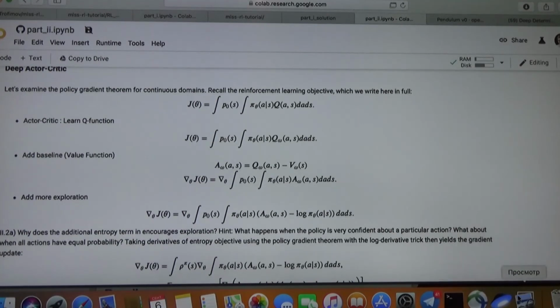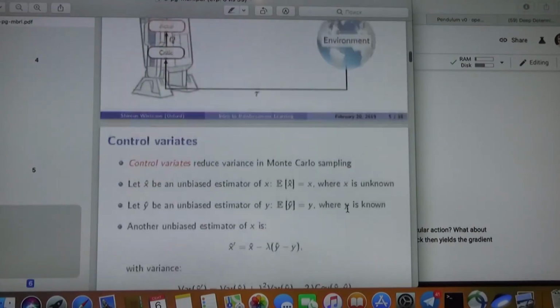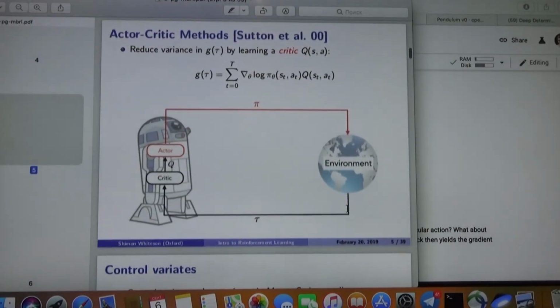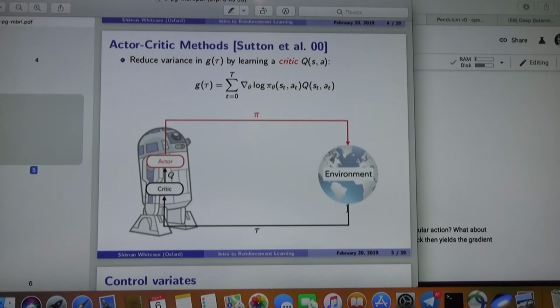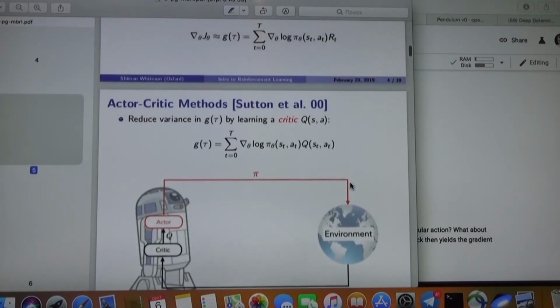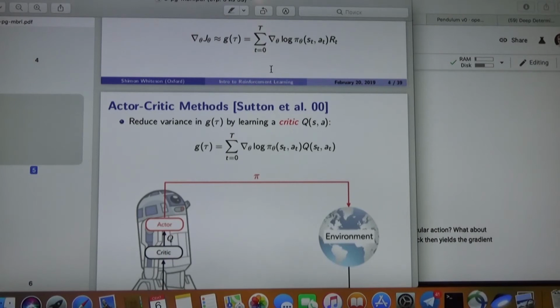It's better to open the lectures, and here is a nice explanation of actor-critic. The equation at the top of this slide is the REINFORCE method, where we use actual rewards from the environment to calculate the gradient of our policy.